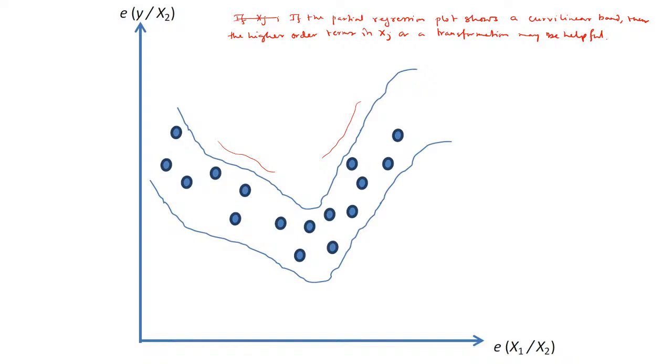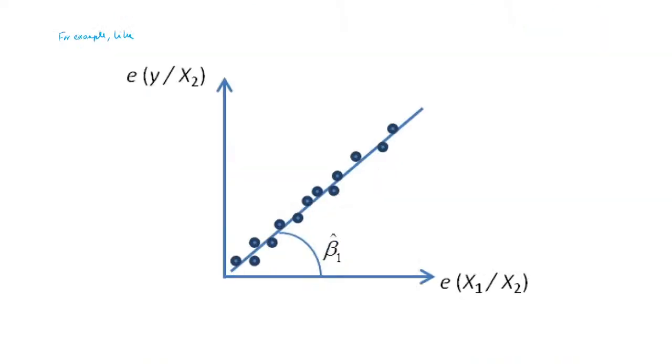And every time we draw, if your partial residual plot looks like this, then we need a higher order term in xj, or you need a transformation, and we draw partial residual plots until your plot looks like this. If your plot corresponds to x2 to the power j, in that situation you enter x2 to the power j in the model.